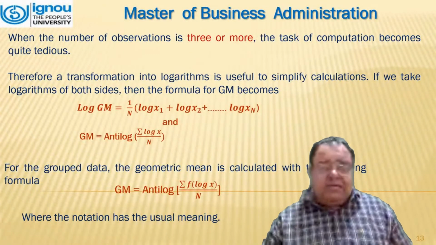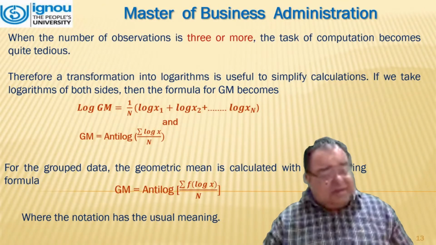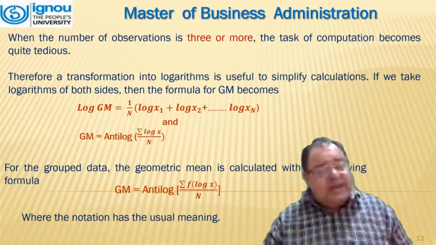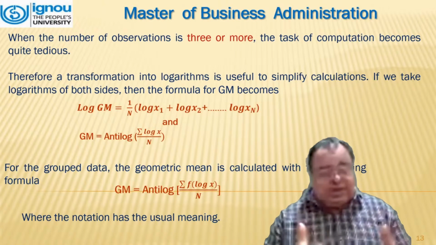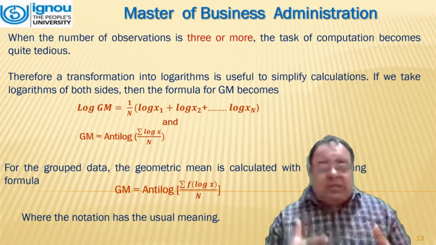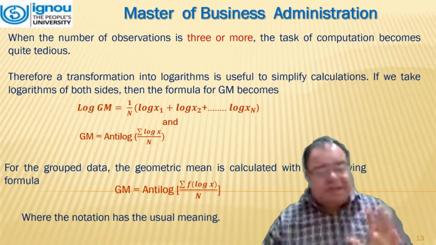If we take logarithm on both sides, then the formula becomes log GM is equal to 1 by n into log x1 plus log x2 plus till log xn. We have to find geometric mean, so we take the anti-log of what we have obtained on the right side. So that becomes anti-log of summation log x by n.